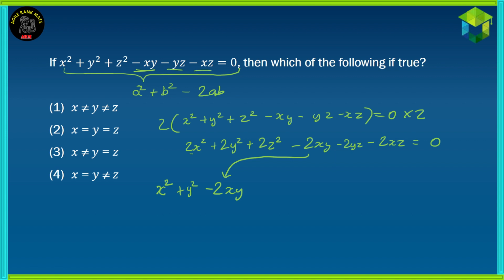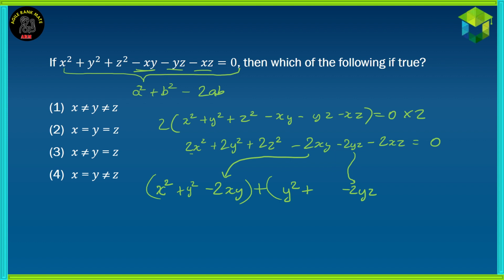Now if we take another term, minus 2yz, the two variables are y and z. From 2y squared, one of the terms is already used, but one is left, so we can use it over here, y squared. And from z there was 2 left.